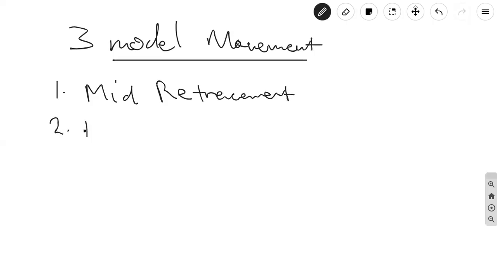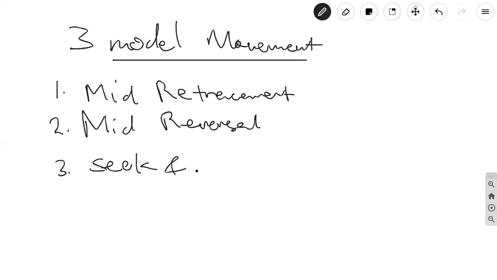Number two, I call it the mid reversal. And number three, I call it seek and destroy. So these are the three movements which you need to learn.